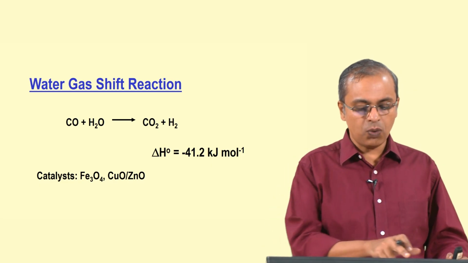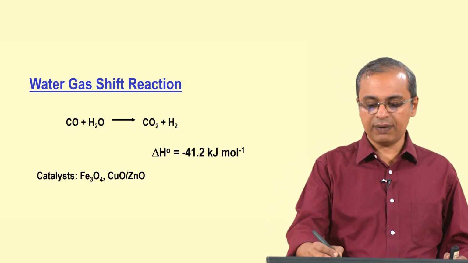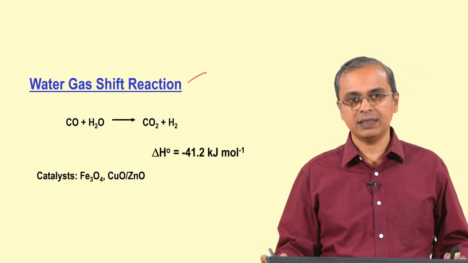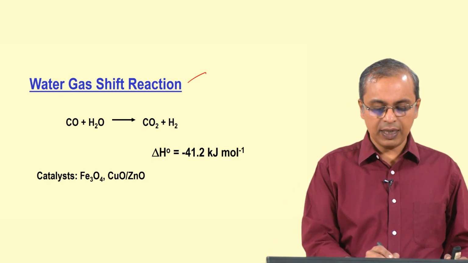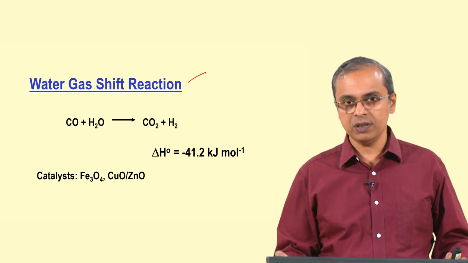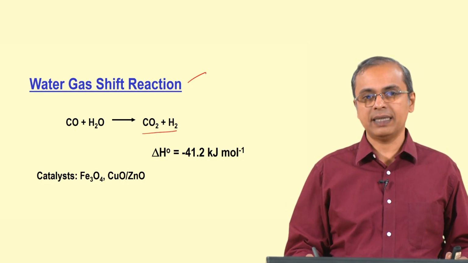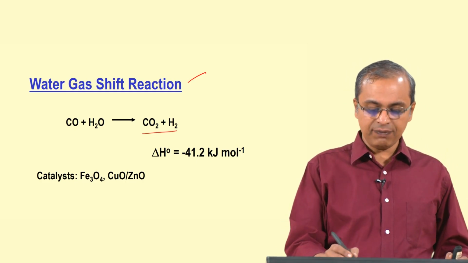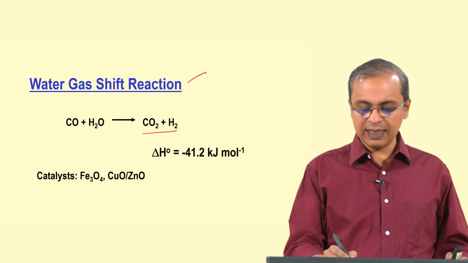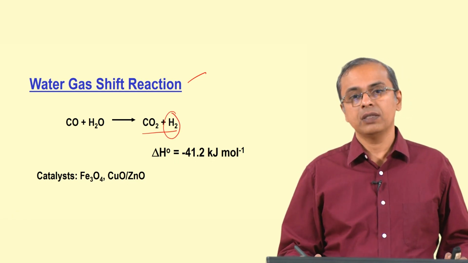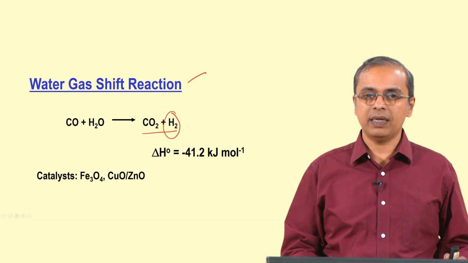One is called the water gas shift reaction, which is what we have put here. It takes CO and gives it an opportunity to react with water, moisture in this case, and that converts it to CO2 plus hydrogen. Interestingly, this means you actually get a little more hydrogen into your stream, so this is a very welcome reaction to have in your system.